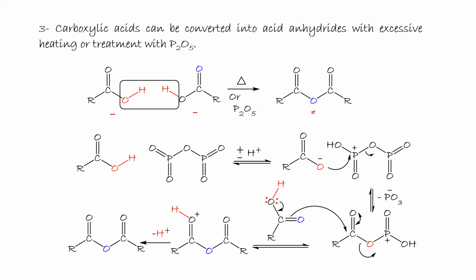Well, the first step in the mechanism is proton transfer to form the carboxylate, followed by nucleophilic attack, like SN2 mechanism, then again nucleophilic attack. This is nucleophilic acyl substitution, and then deprotonation to furnish the anhydride.